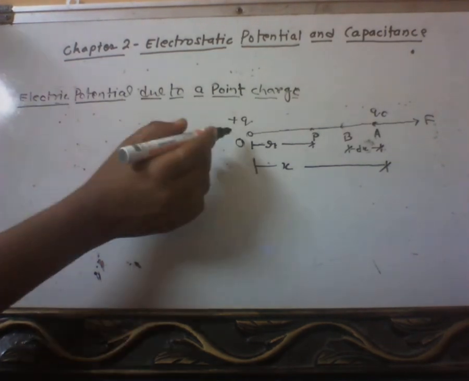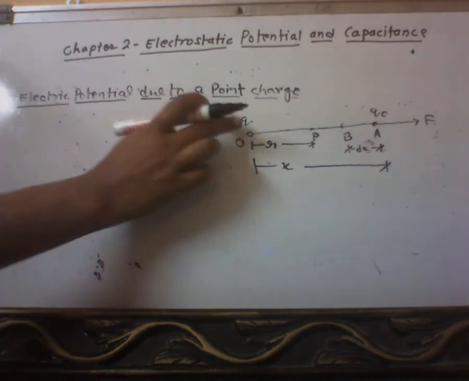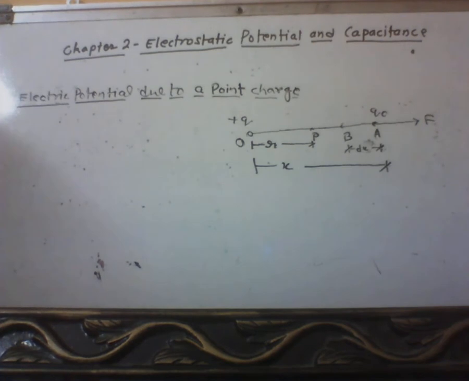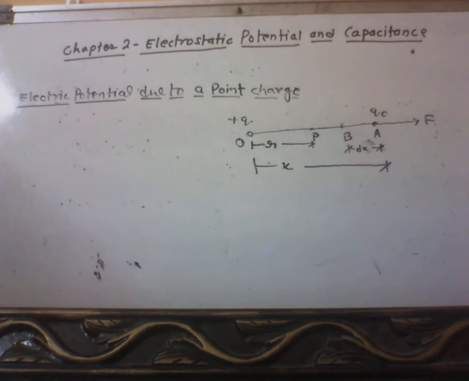Here is a positive charge plus Q. At a distance x there is a test charge Q naught, and it will experience a force of repulsion due to this charge Q, and we have to calculate the electric potential at point P, for which we have to calculate the work done in carrying that charge from infinity to a point P.